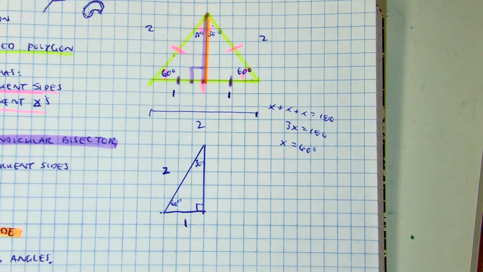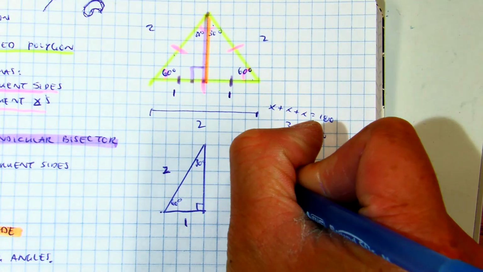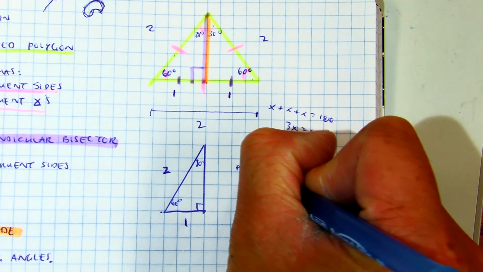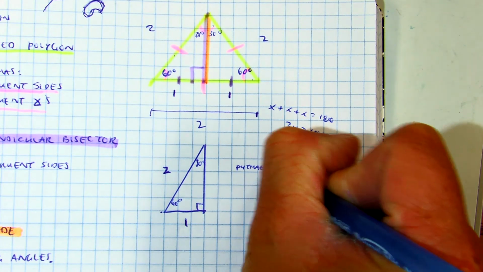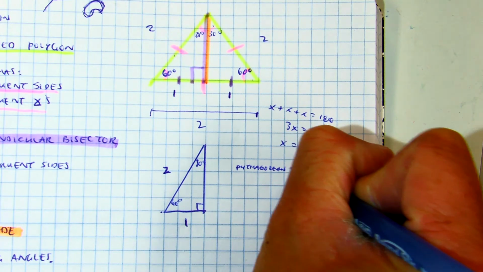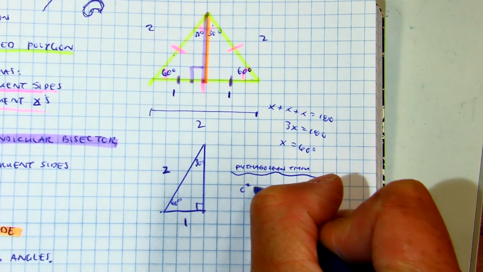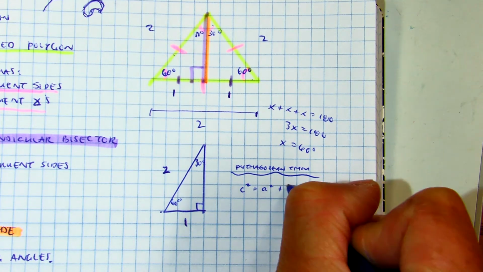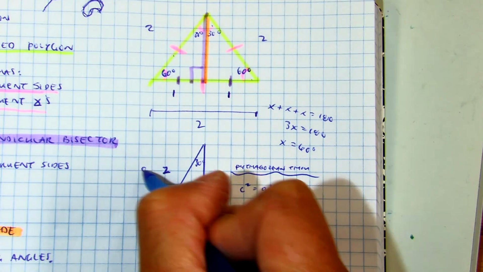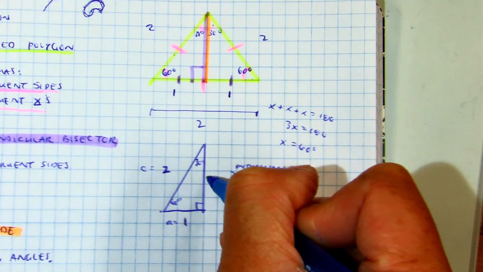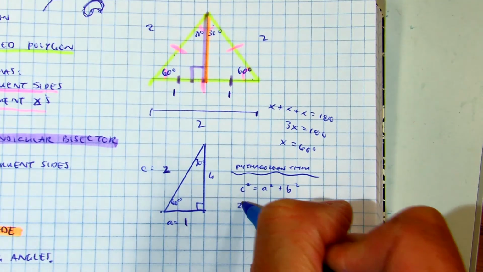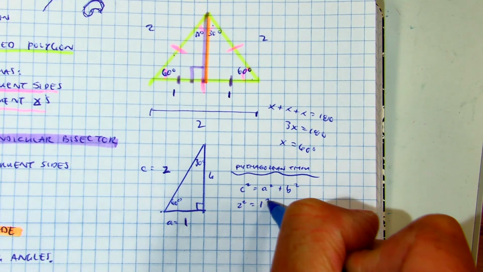Pablo, how can we find the third side of a right triangle? The Pythagorean theorem. What is the Pythagorean theorem? So if I call this C, I call this A, I call this B, so I put in 2 squared equals 1 squared plus B squared.